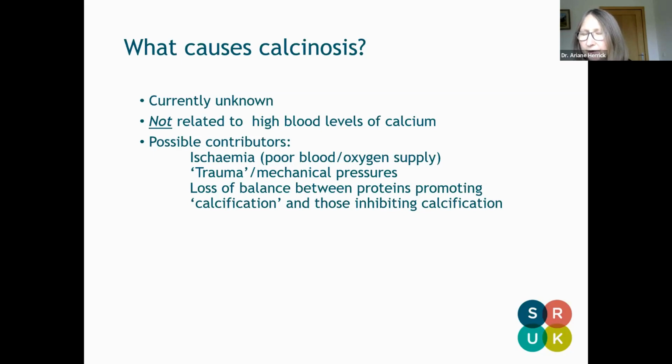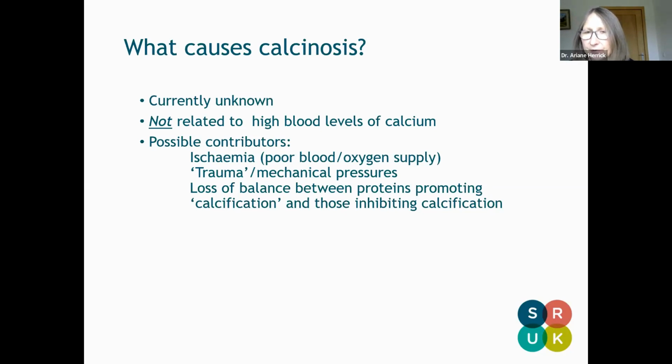It's thought to be what's called a dystrophic calcinosis, and not a calcinosis that's associated with high blood calcium levels. And that's important because we get a lot of questions about whether people can take calcium supplements, for instance, if they have calcinosis, and I can understand why people worry about that. They think maybe this isn't a good idea because I've got calcinosis and maybe it will get worse. Well, I think you should be reassured that it doesn't. It's nothing to do with calcium levels. So if you need to have calcium supplements, then you should take them.